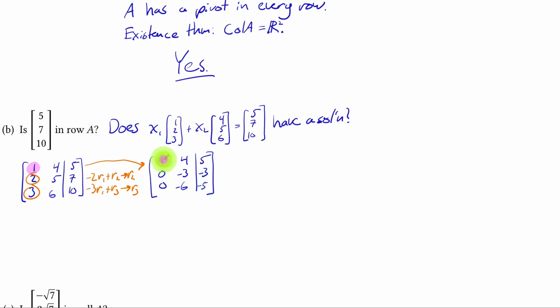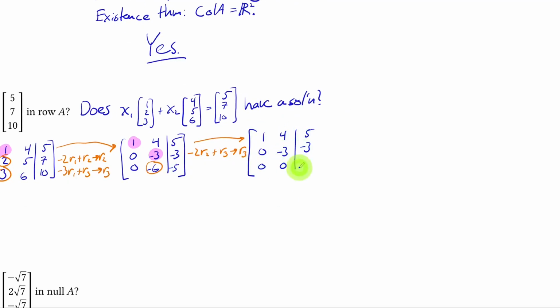And now we know this will be a pivot position. We can clear out that -6 by doing -2 row 2 plus row 3 to replace row 3.